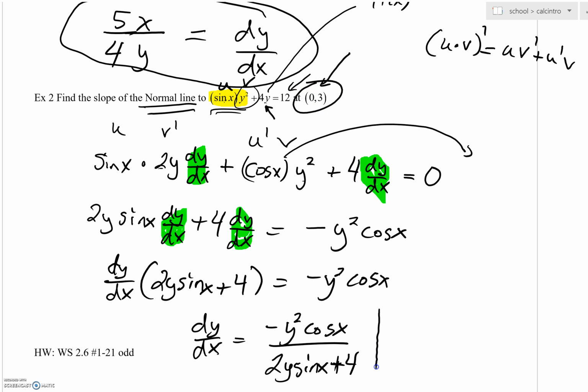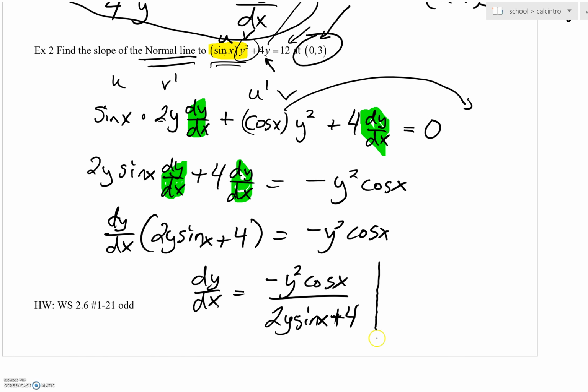I'm going to draw a vertical bar and show the 0, 3. That vertical bar means now plug in an x value of 0 and plug in a y value of 3. So what would we get? We'd get negative 3 squared cosine of 0. Down below we'll have 2 times 3 sine of 0 plus 4.